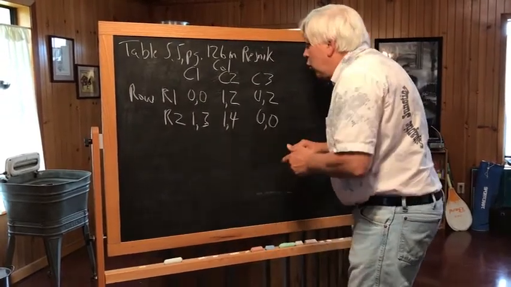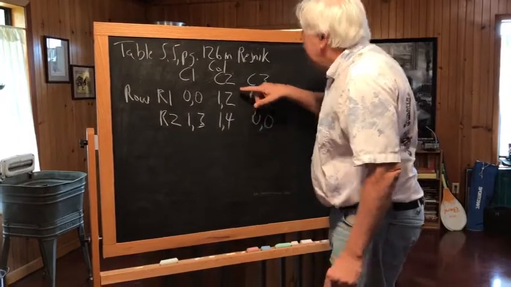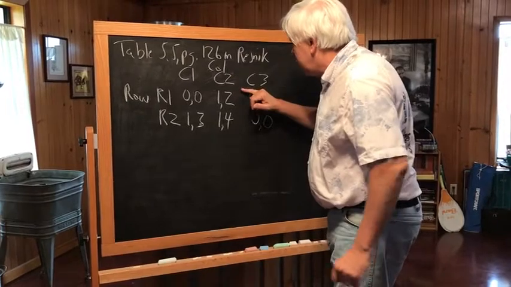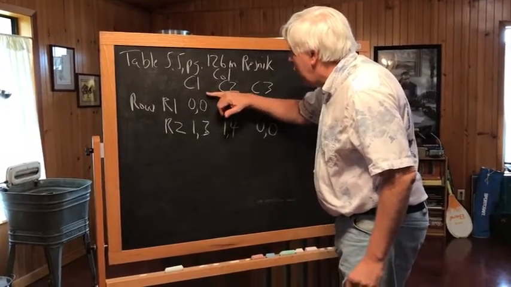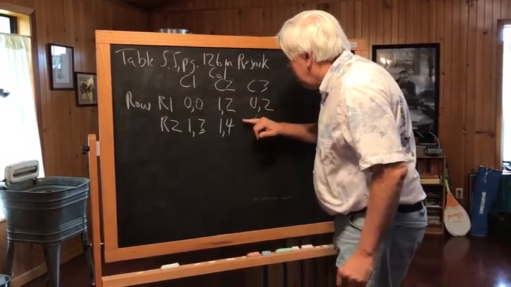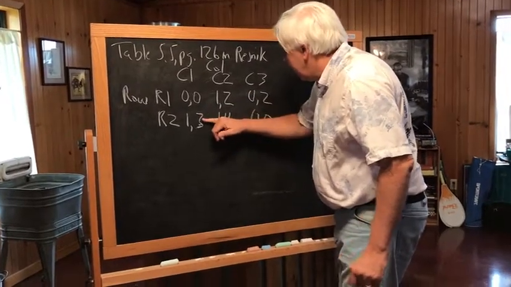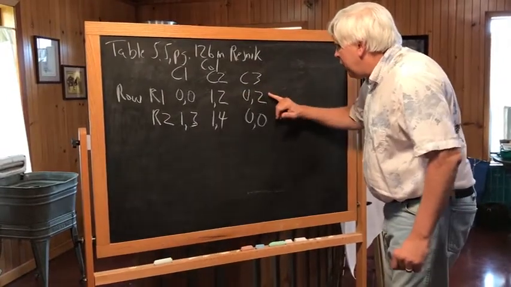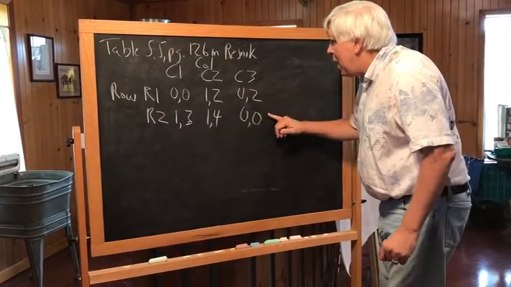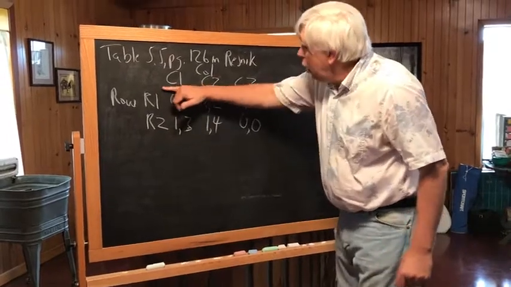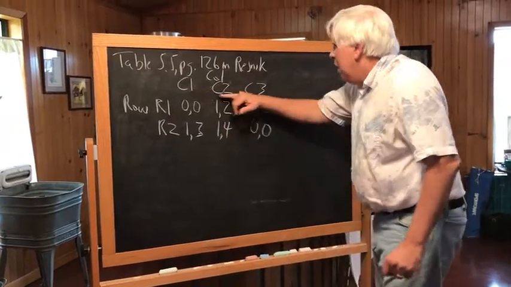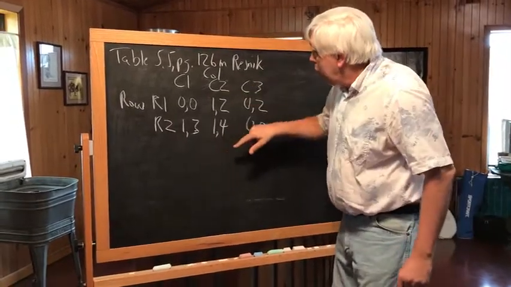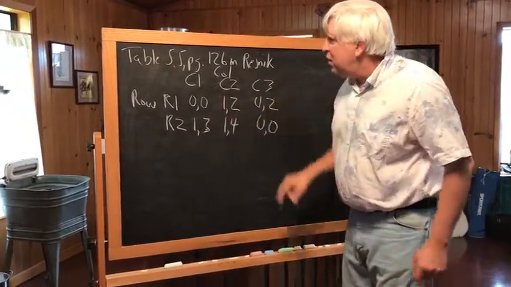So column notices that C2 strongly dominates C1. It pays off better against both of row's choices, and it weakly dominates C3 because it pays off the same in one case and better in the other. So C2 strongly dominates C1 for column, and C2 weakly dominates C3 for column. So column is going to decide to play C2.